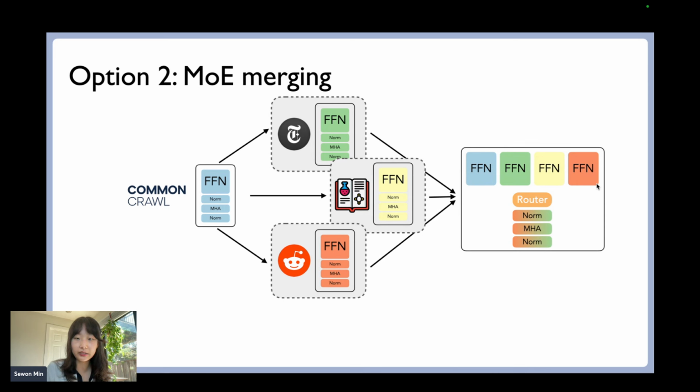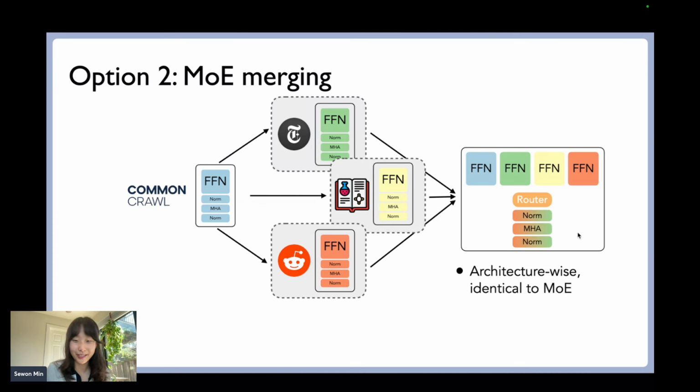They serve as individual experts in mixture of experts. And then we have a few shared layers like normalization and multi-attention. For these, we do model soup or weight merging, which is just averaging parameters from different data owners. So that's how we make mixture of experts.